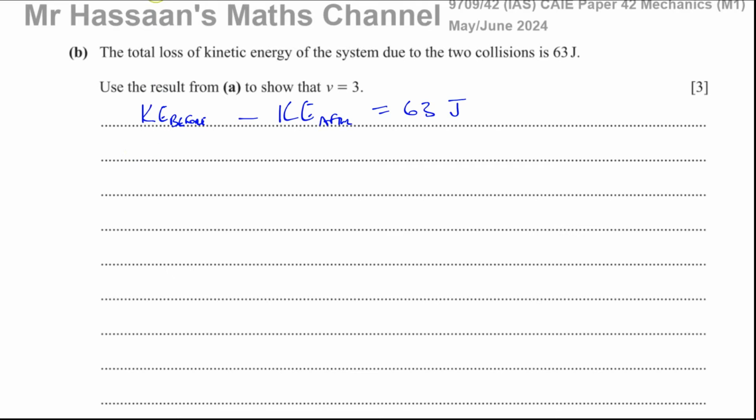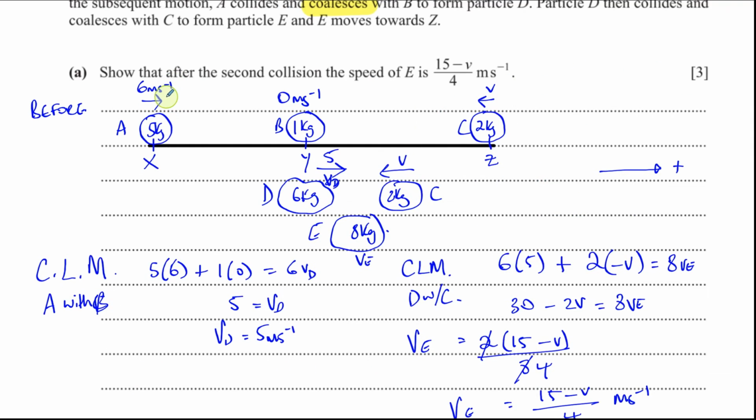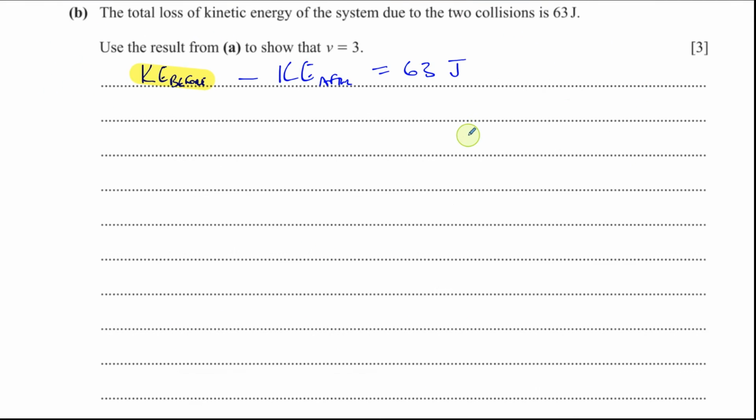So what is the kinetic energy before the collision? Well, it is the total kinetic energy before any of the collisions occurred. A was moving at 6 meters per second and C was moving at V meters per second. A has a mass of 5 kilograms and C has a mass of 2 kilograms. Kinetic energy is given by 1/2 times the mass times the square of the velocity.